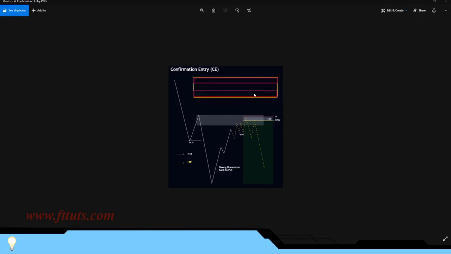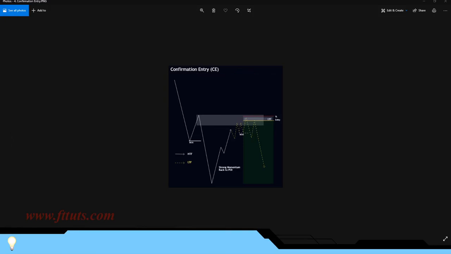So instead of taking risk entry on both, we can potentially filter out an entry on any one of them. So if price doesn't shift in market structure here, but only at the second one, we can enter based on the second order block rather than the first one within that higher time frame order block. Okay.